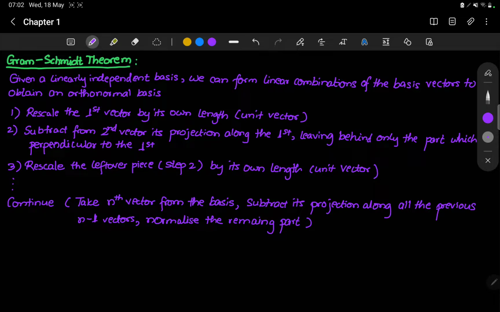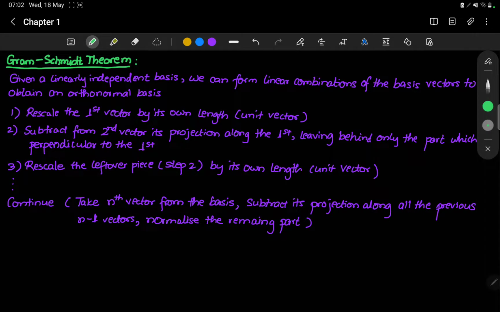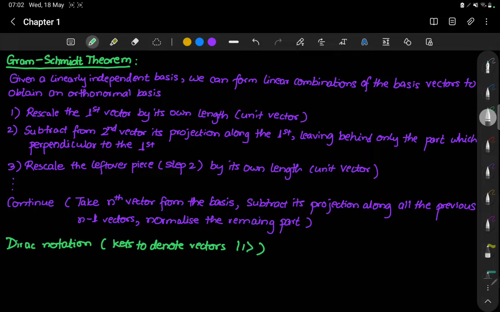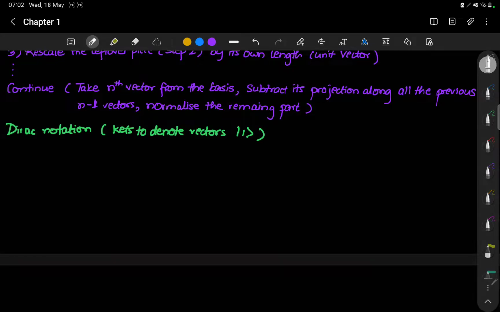Now let us write this procedure in the Dirac notation. Remember, we have been writing down vectors in the Dirac notation, meaning we use kets to denote vectors. So let us rewrite this procedure in the Dirac notation.